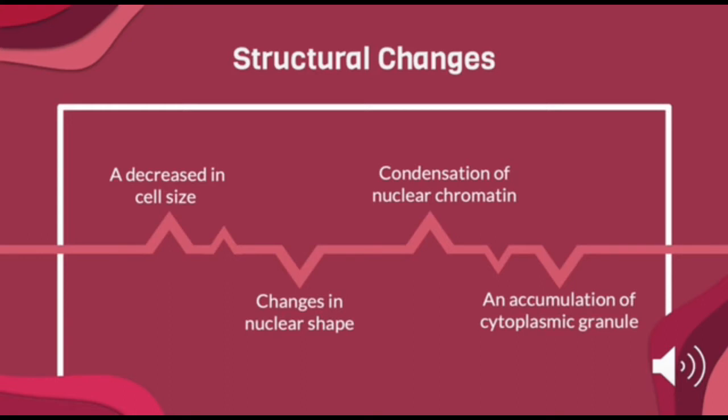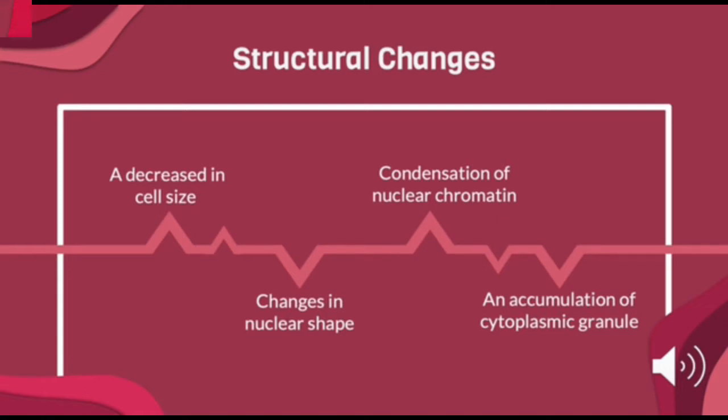Then there are changes in nuclear shape, because eosinophils have a different nuclear shape. The third one is condensation of nuclear chromatin. And the last one is an accumulation of cytoplasmic granules, which, as we know, eosinophils have.